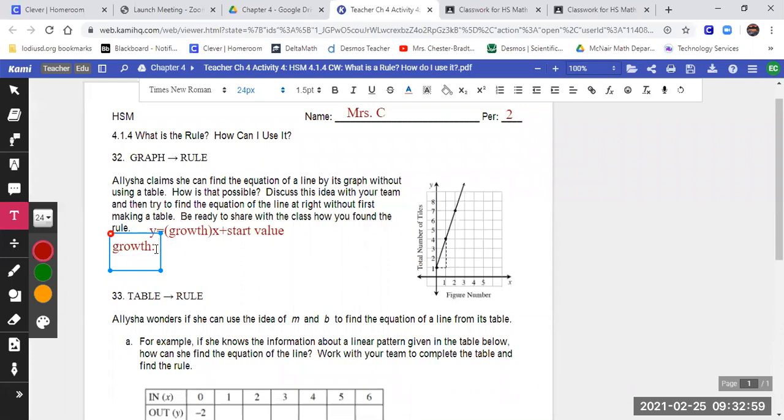We divide, but who divides what? So we do the change of Y divided by the change of X. We've done that several times, right?